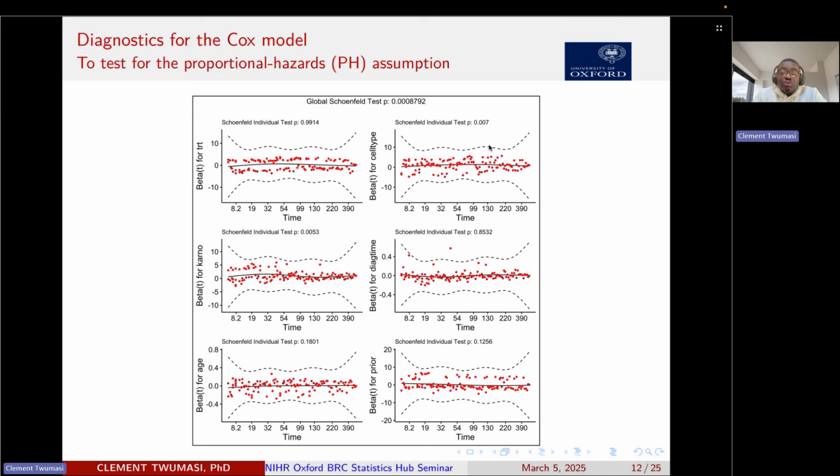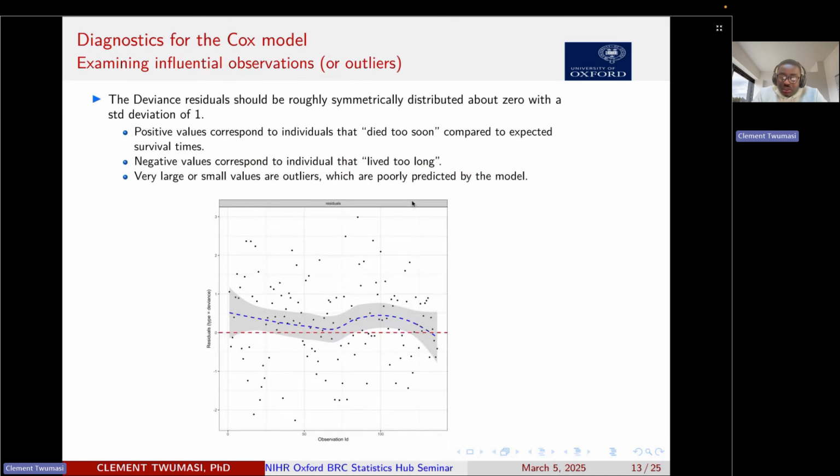If I want to do such a study where Karno is a predictor of interest, just because cell type did not satisfy the constant hazard assumption, instead of taking it out of your model, you can stratify your analysis with respect to that. How do you do that? We'll look at that in the next 2 slides. There are other assumptions you can also investigate.